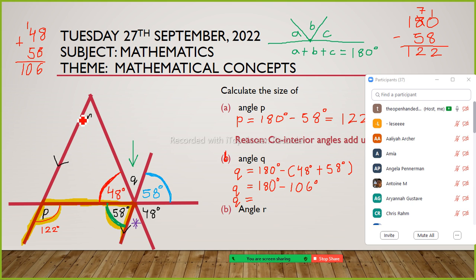That's going to be what? We got 74. 10 minus 6 is 4, 7 minus 0 is 7. It's going to be 74 degrees. That is correct. So Q is equal to 74 degrees.